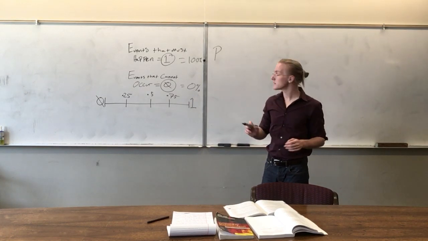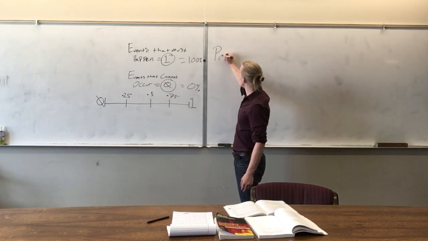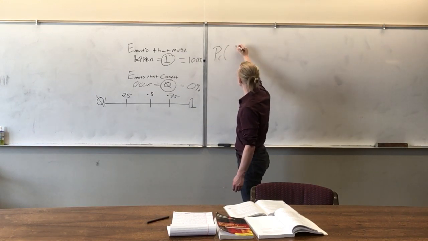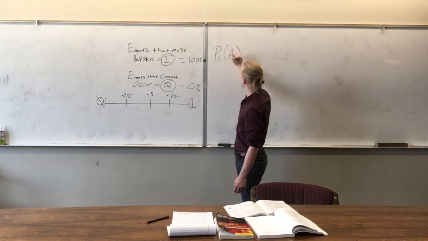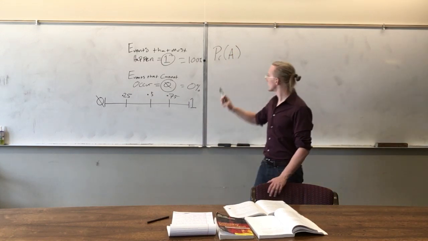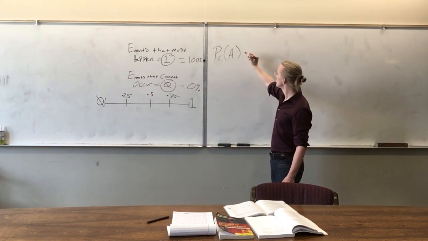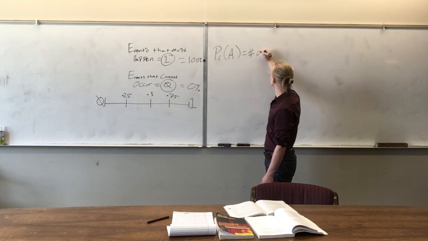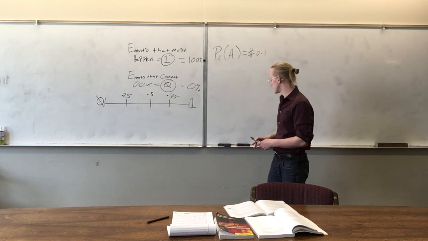And feel free to use either way. It doesn't really make a difference. I use PR, and then parentheses, and then an A. So this says that the probability of A equals some number between 0 and 1, right?